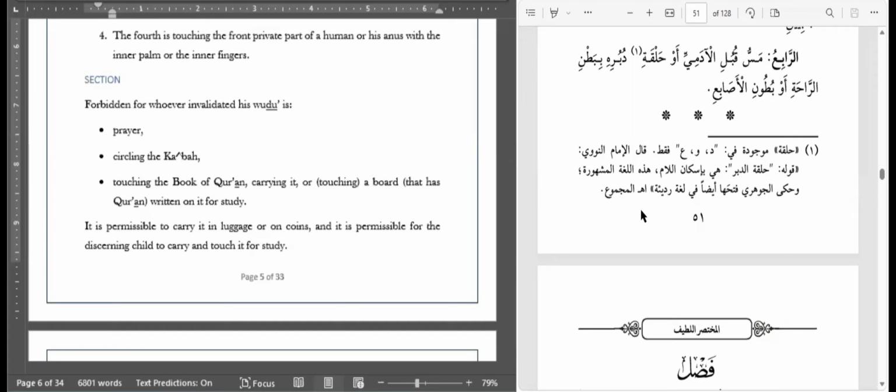And for a man, touching the testicles does not break the wudu. And touching where the pubic hair over the private part is, what's between the private part and the stomach, does not break the wudu. And touching the outside of the cheeks or even the inside of the butt cheeks does not break the wudu. Only the actual hole breaks the wudu with the inner palm or the inner fingers, without a barrier, that is.